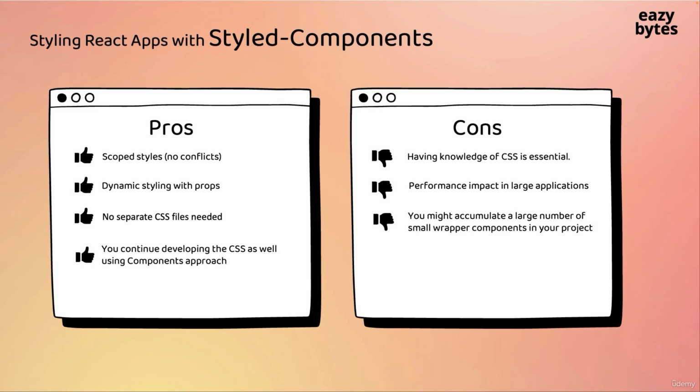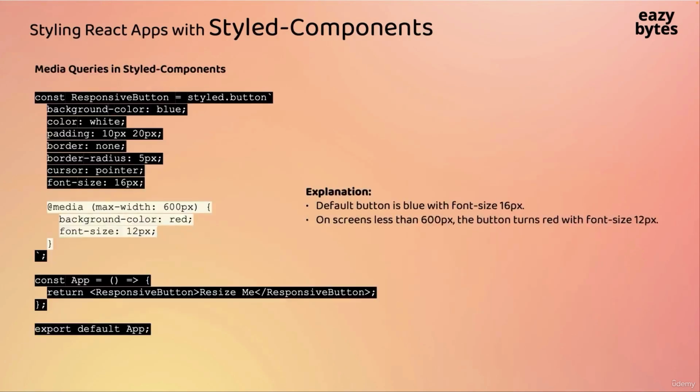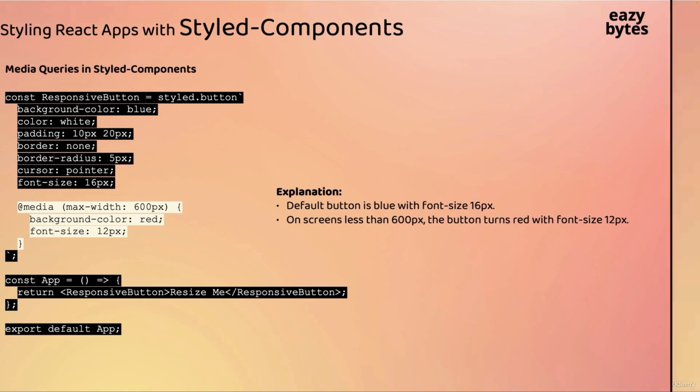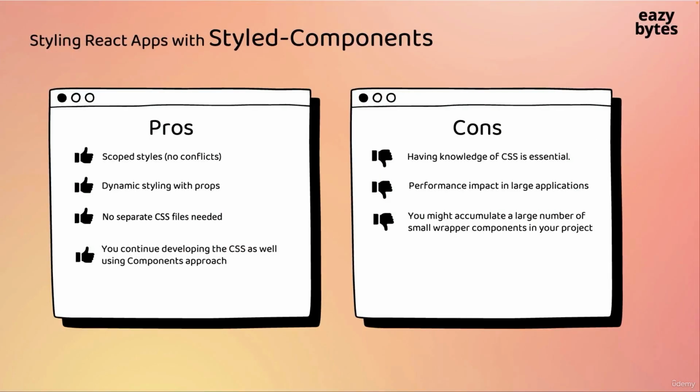If your application is large and you have thousands of styled components, there will be a slight performance issue because whatever logic you write inside your styled component needs to be compiled into some other format by the styled-components library. That compilation or rendering process is going to take a few nanoseconds or milliseconds based upon how large your application is. For the majority of applications, this should not be a problem.